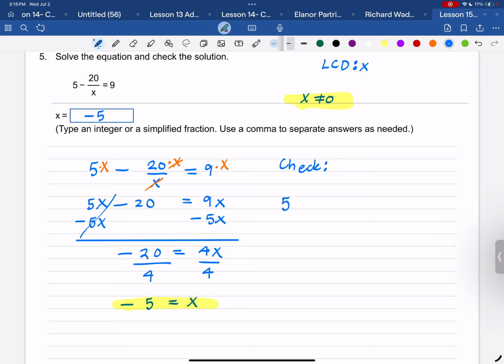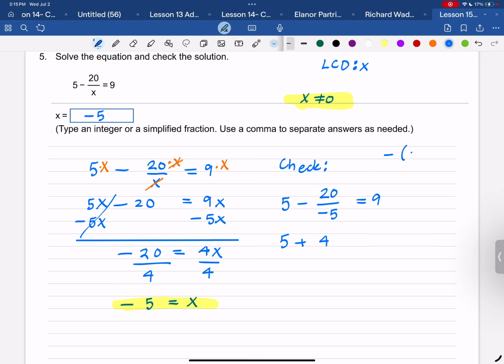So I'm going to do 5 minus 20 divided by negative 5 equals 9. So that's 5 plus 4. Now where do I get plus 4? Well, look.